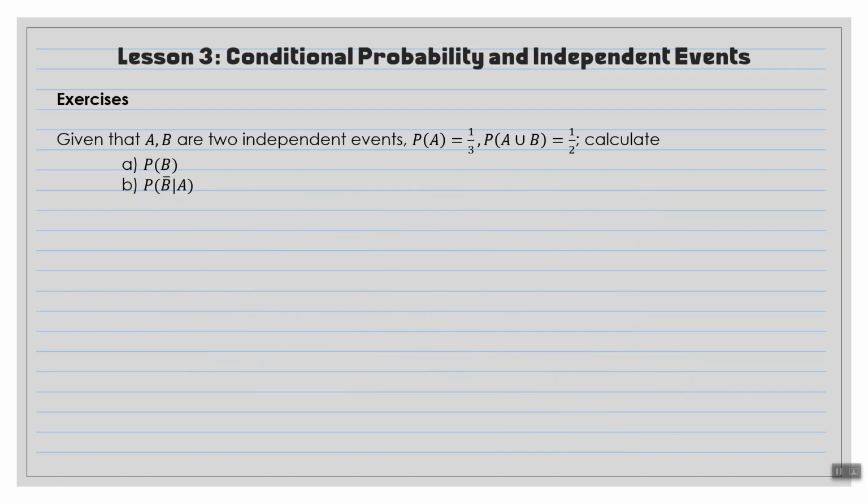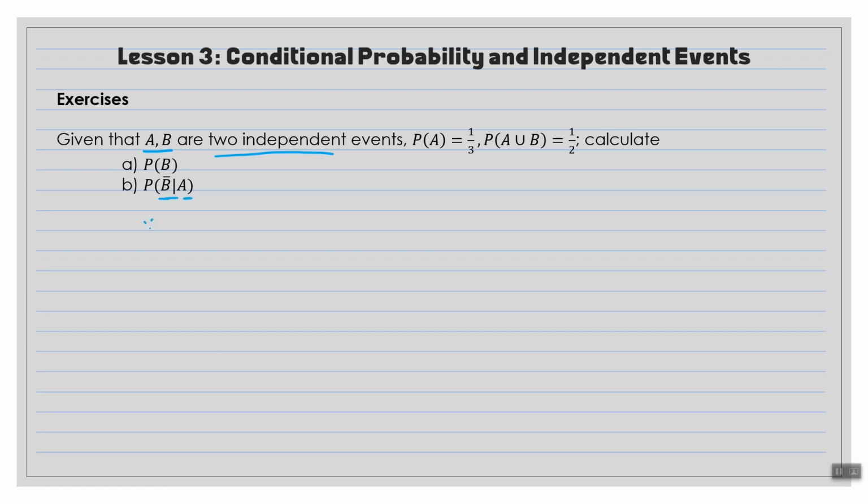Let's solve the second part. The second part says that we want to find the probability of B dash with condition to A. So again here, guys, if A and B are independent, it means that B dash and A are also independent.